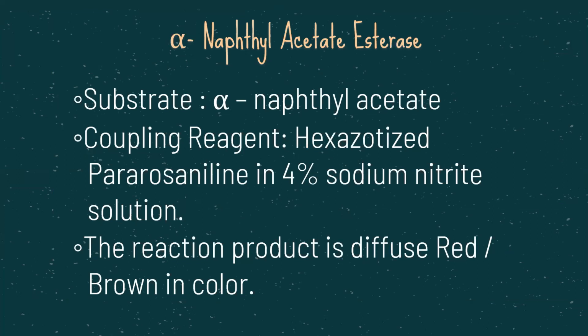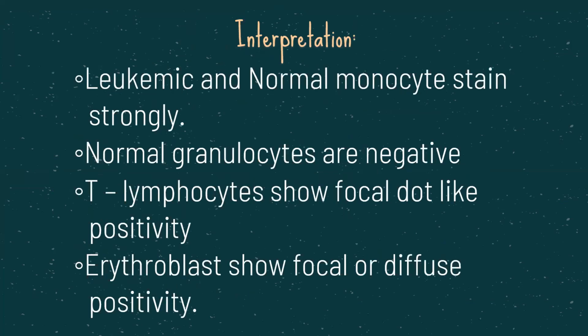Next one is alpha-naphthyl acetate esterase. Okay. So this one is non-specific naman. Okay. So alpha-naphthyl acetate naman ang kanyang substrate. So almost lahat sila naphthyl, naiiba lang yung other component. The reaction product is diffuse red or brown in color.